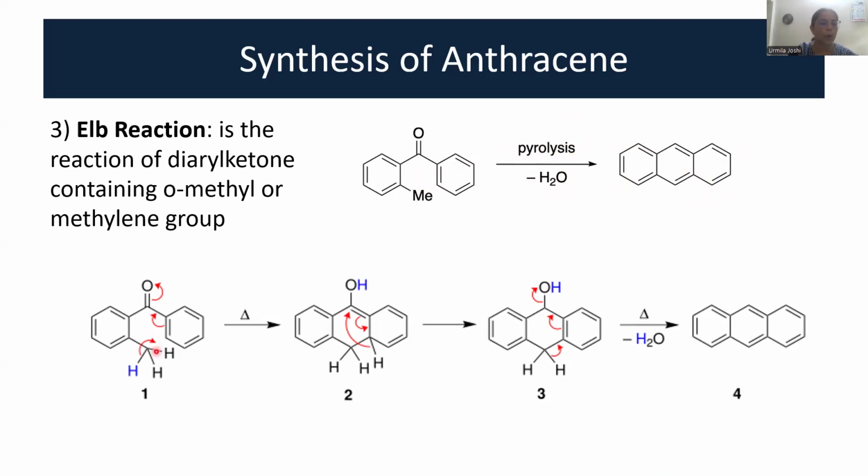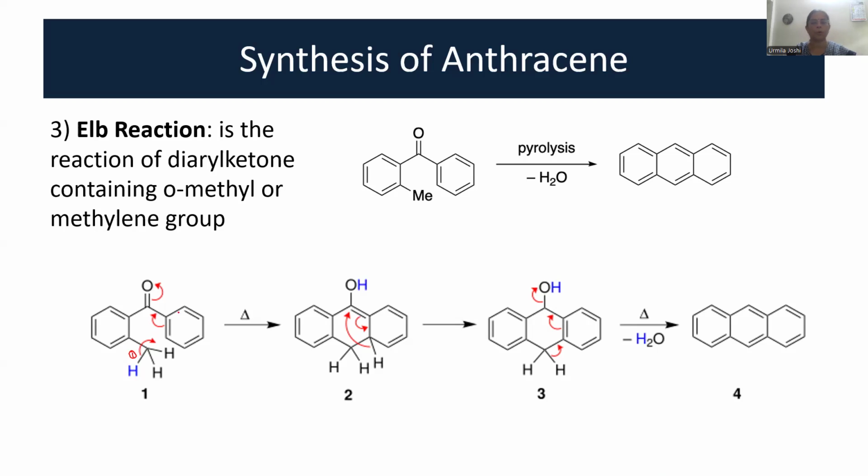For those who are interested, I have given a mechanism. You start with this arrow. That is why I'm putting number 1 over here. Okay. Start with this arrow. This attacks over here. As a result, this carbon becomes pentavalent. It cannot. So the double bond shifts. As a result, this carbon becomes pentavalent. It cannot.